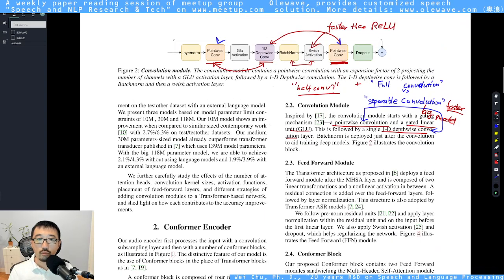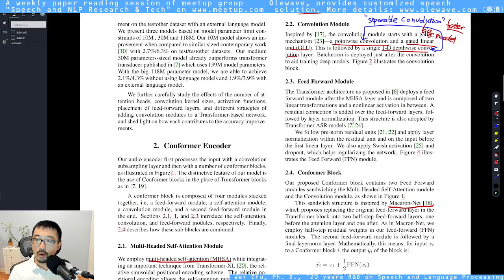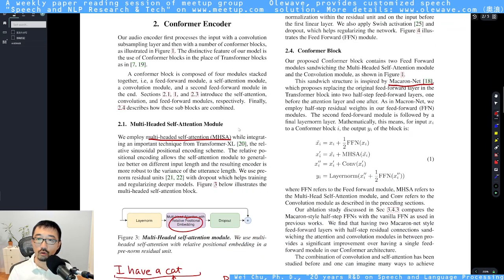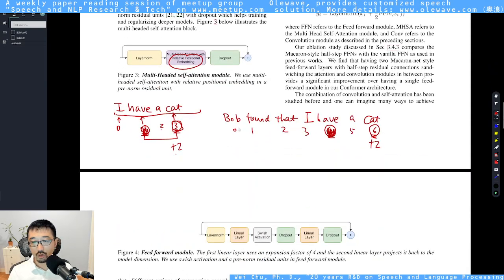Okay, we're done with the convolutional module, so we move on to the feed-forward module. Internally, the content of the feed-forward module is different from the feed-forward module people use in the standard transformer.